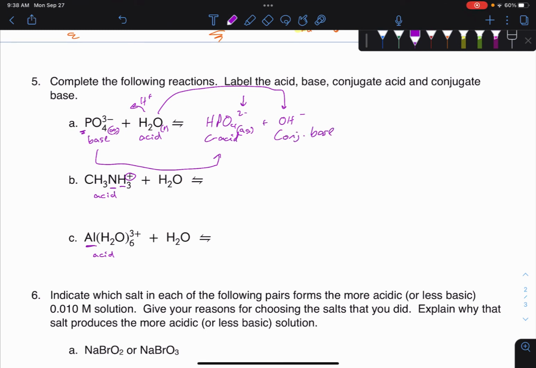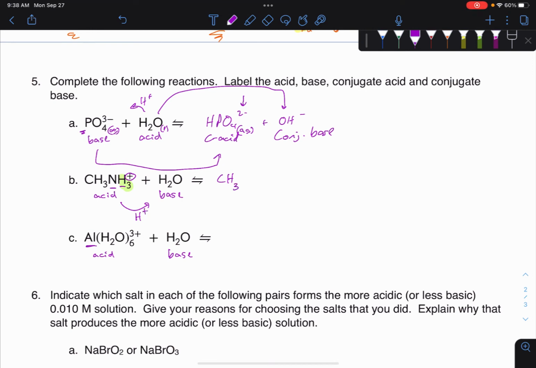In the next two examples, water is going to be playing the role of the base, so it's going to be accepting the proton. Here, the proton that's accepted is actually one of those protons, and it gets transferred over to the base. What is transferred? It's an H and a positive charge.